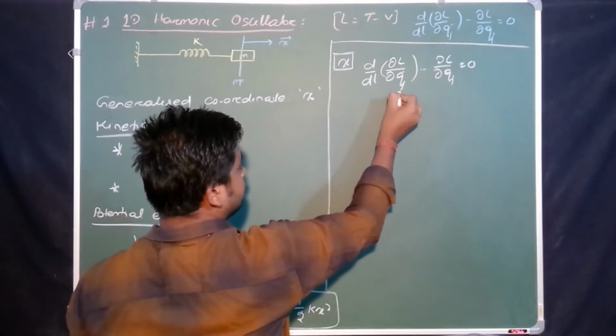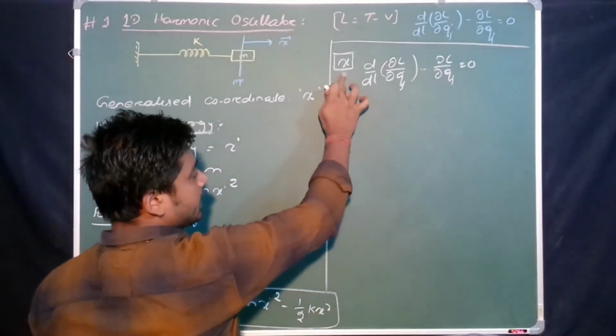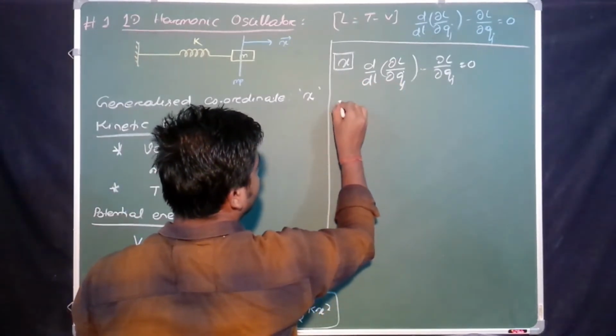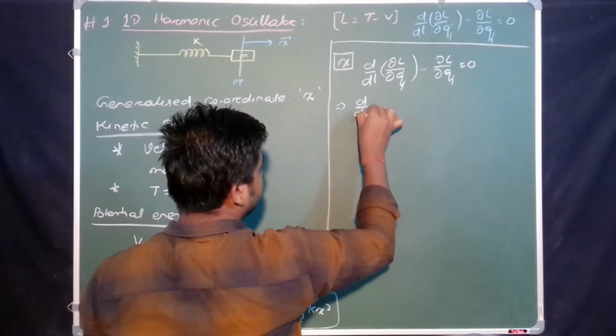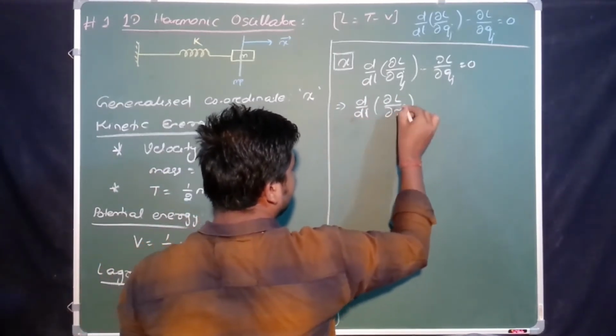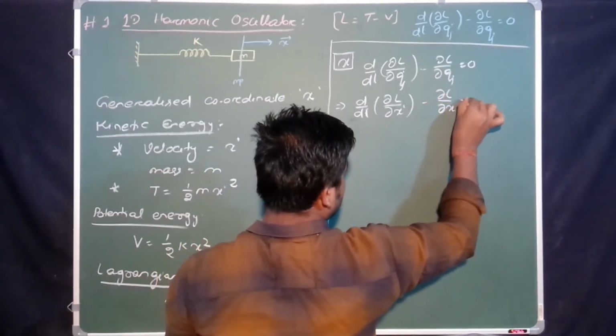Here this qj is the generalized coordinate. In this system, the generalized coordinate is x. Yes or no? So just write down x in place of qj. What you got here: d/dt of ∂L/∂ẋ minus ∂L/∂x is equal to 0. Yes or no?